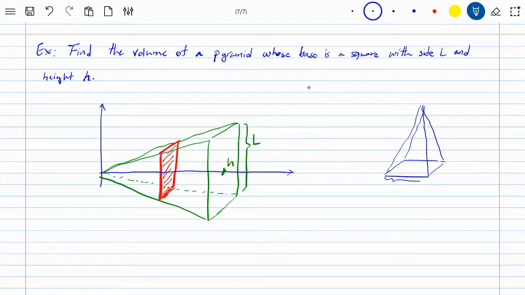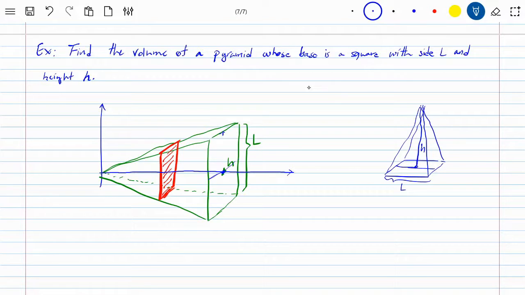So this length is basically given L, and the height up to the center is given H. So this H is the height from the top to the center. And if you put it on the side, this is basically the bottom length. So the upper half has length L over 2.